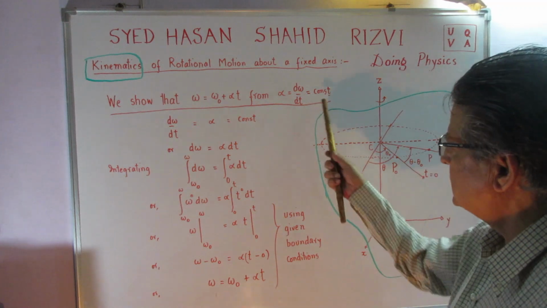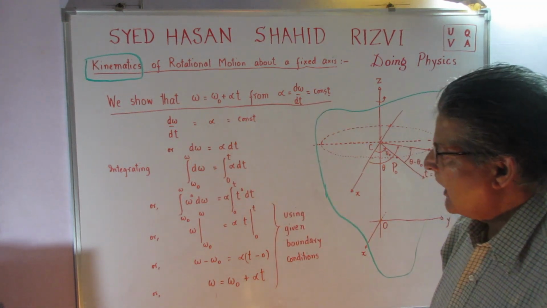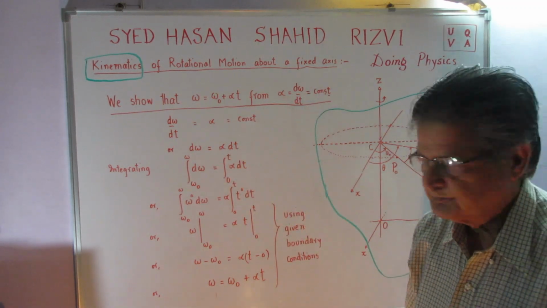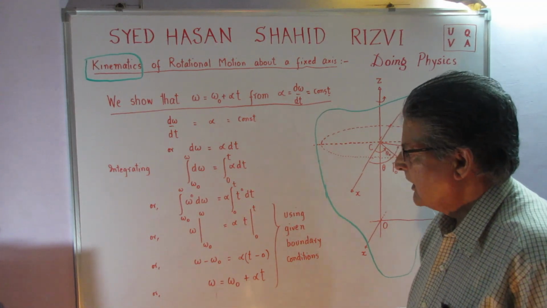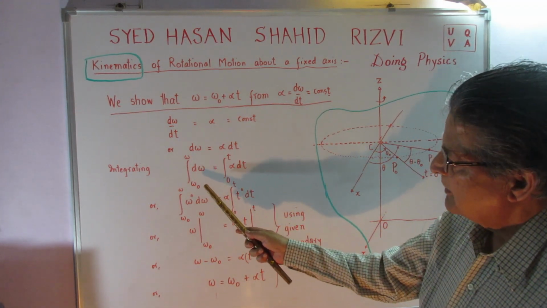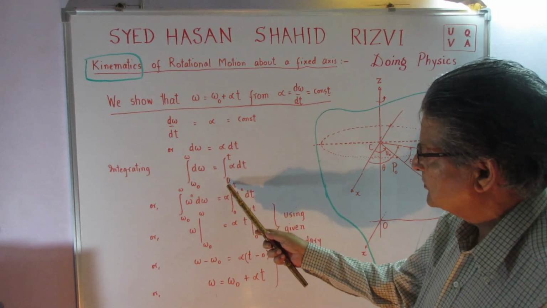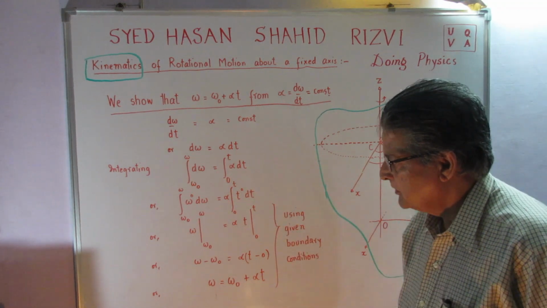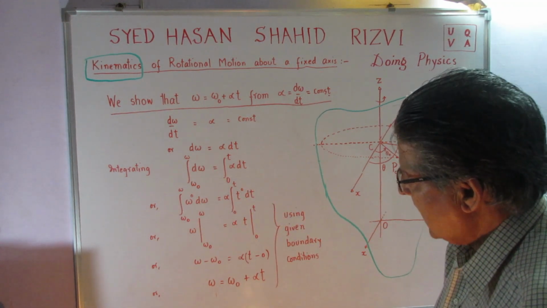Now I am writing d omega over dt is equal to alpha, which is constant, or d omega will be equal to alpha into dt. Integrating, on the left hand side I have from omega naught to omega, d omega, is equal to from 0 to t, the limits, alpha dt.